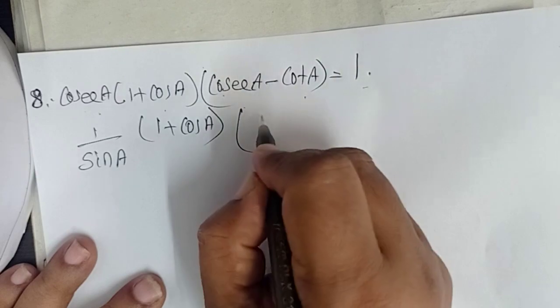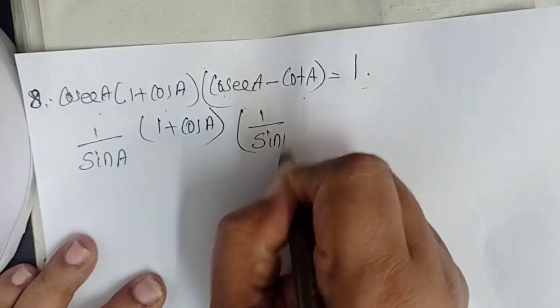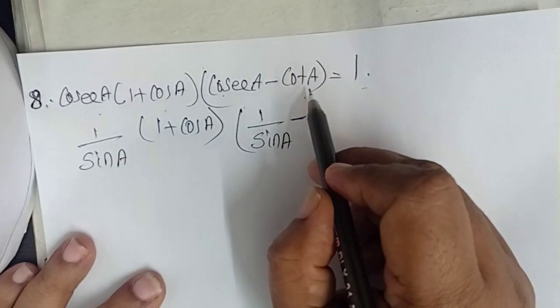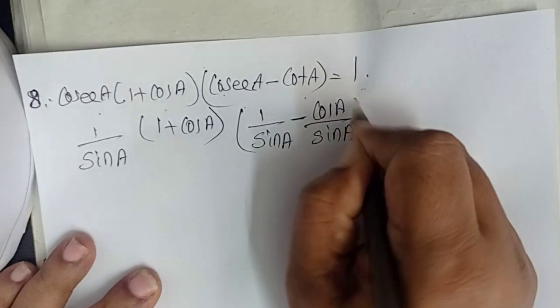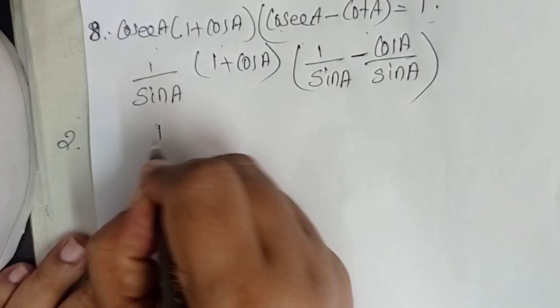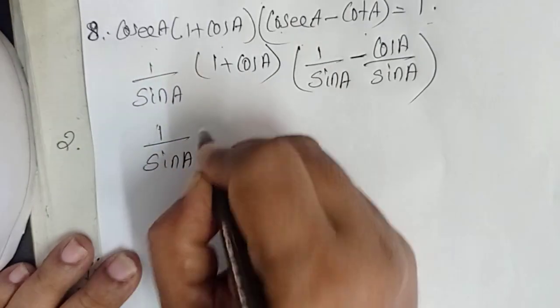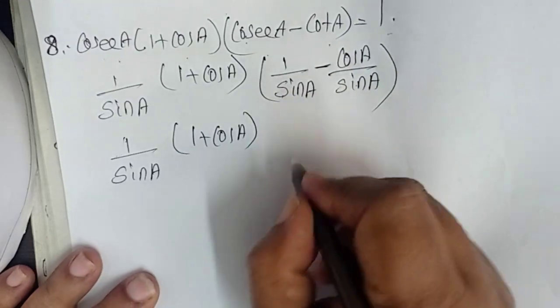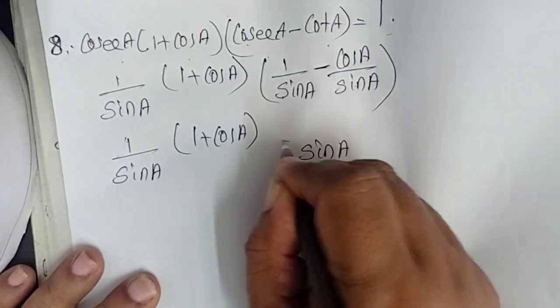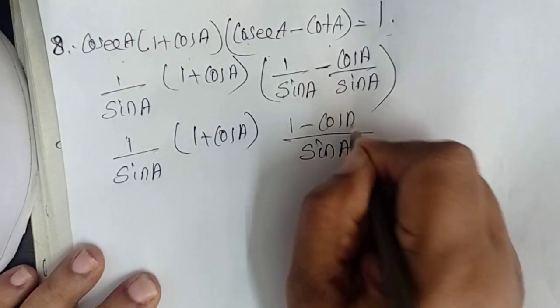Into cosec a is again 1 by sin a, minus what is cot a? Cot a is cos a by sin a. That is 1 by sin a into (1 plus cos a) into, here 2 fractions, therefore sin a is the LCM, (1 minus cos a).